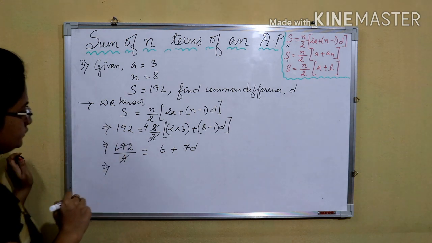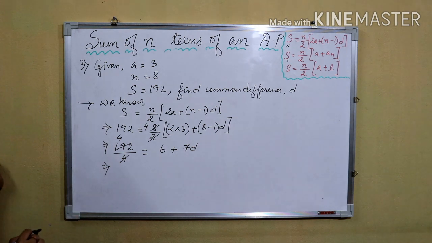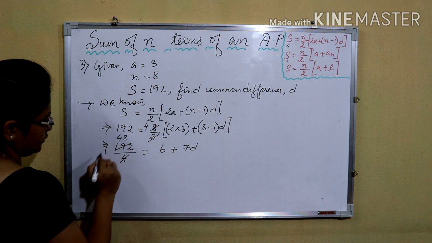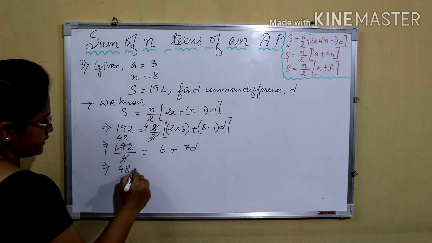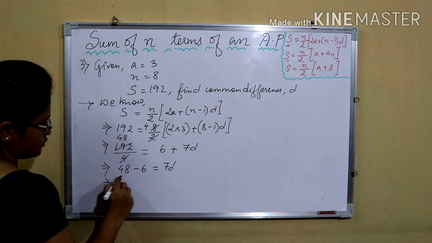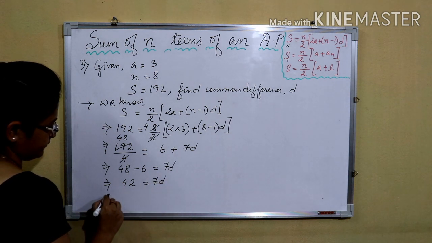So 4 4s are 16, 4 8s are 32. So 48. 6 will come this side, it will be minus 6, 7 d. So 48 minus 6 is 42, 7 d.